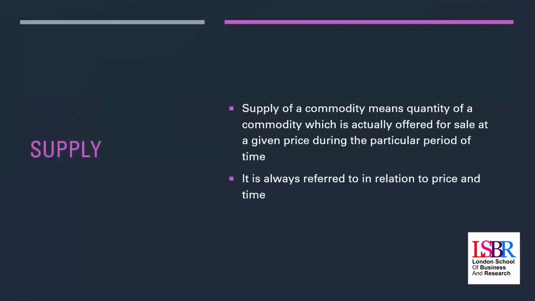That's quite important to remember. Supply doesn't stay fixed forever. It's usually a reflection of a period of time, and it's always referred to in relation to price and time. When thinking about supply, we're always asking at what price we're supplying and what time frame is important.